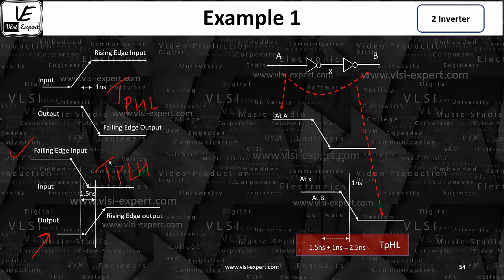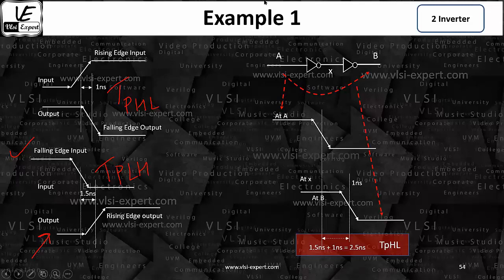They just add 1.5 two times. But you can see it's neither 2 nor 3 nanosecond. It's 2.5 nanosecond, because first it is 1.5 and then it is 1 nanosecond.